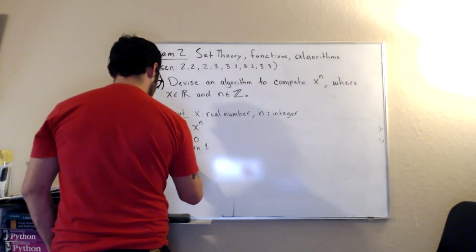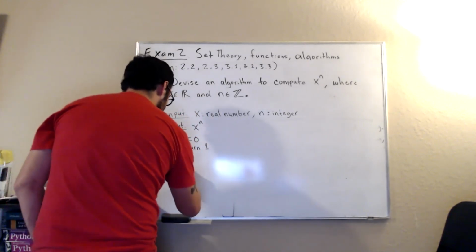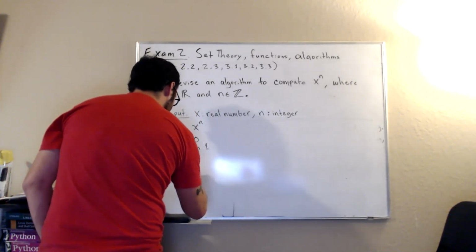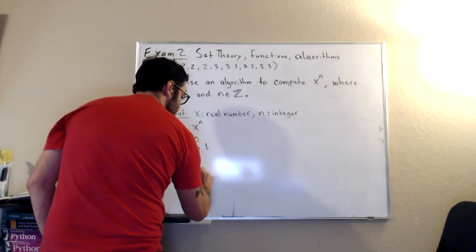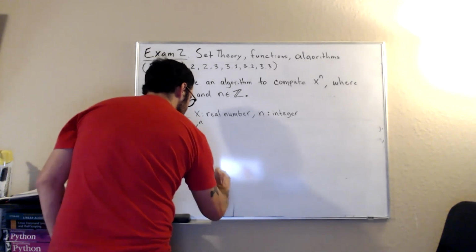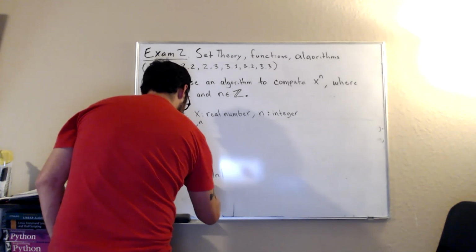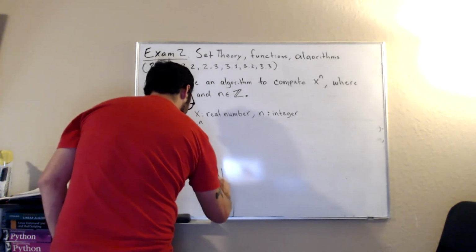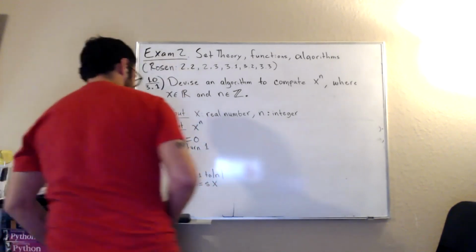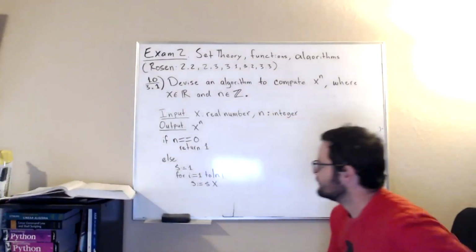Else, then we write down the algorithm like s is equal to 1, and for i equals 1 to n, the absolute value then, s is equal to s times x. Right there. Cool.